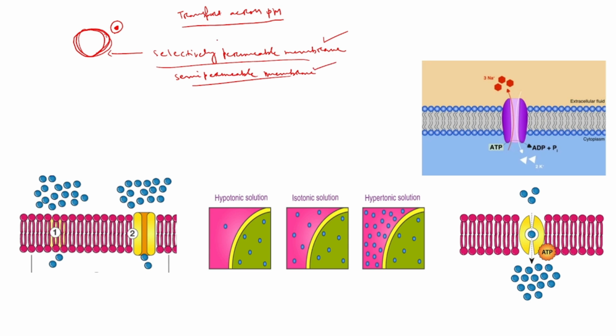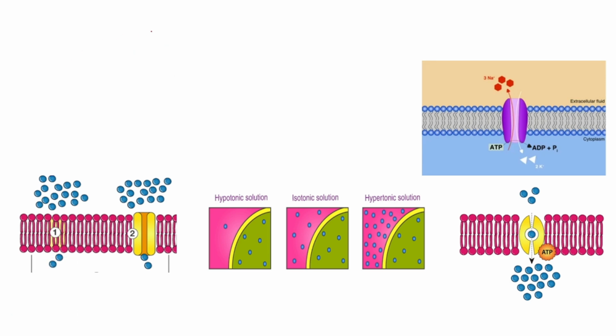So, what are the different types of transport across the plasma membrane? There are two types of transport present. One is called passive transport. Another is active transport.